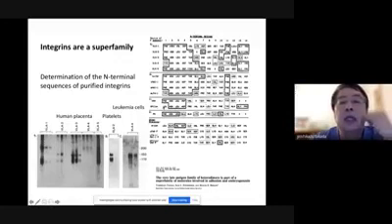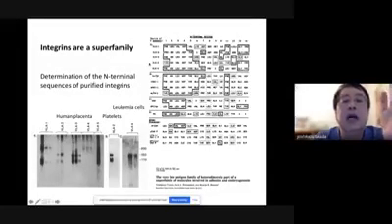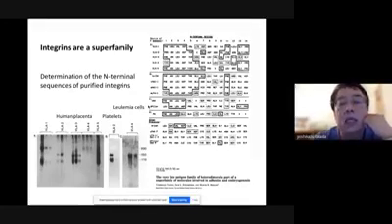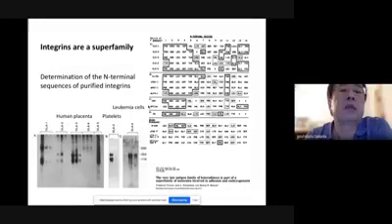And this is a platelet integrin. Their sequence was here. So when aligned, they are all similar. So for the first time we learned they are a superfamily of proteins. That was the 1980s, '87, something like that.